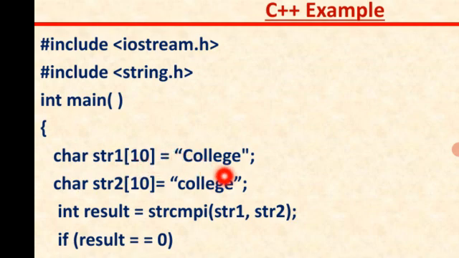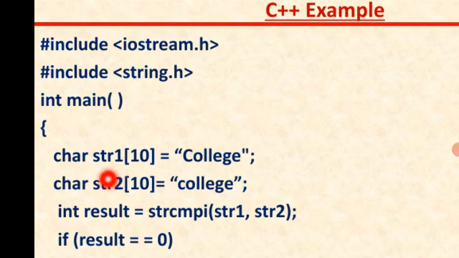Here I am storing one value. What string am I storing? You can see I have written college. You know that a string is a collection of characters included in double quotes, ending with a semicolon. You have to observe here that I have written C as a capital letter.